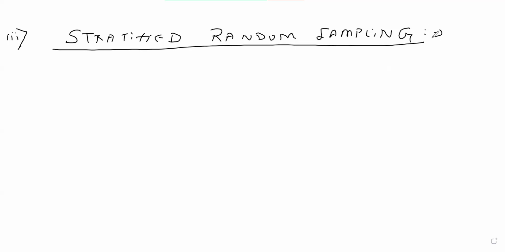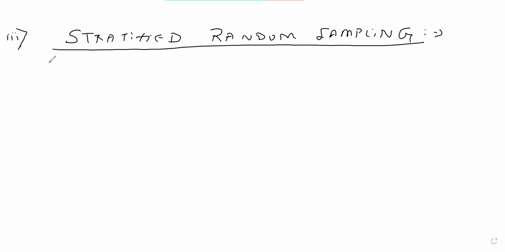You use simple random sampling when your population is homogeneous. Homogeneous means all items in the population are very similar, they're alike. But if your population consists of diversity, observations which are quite different from each other, then you conduct stratified random sampling.